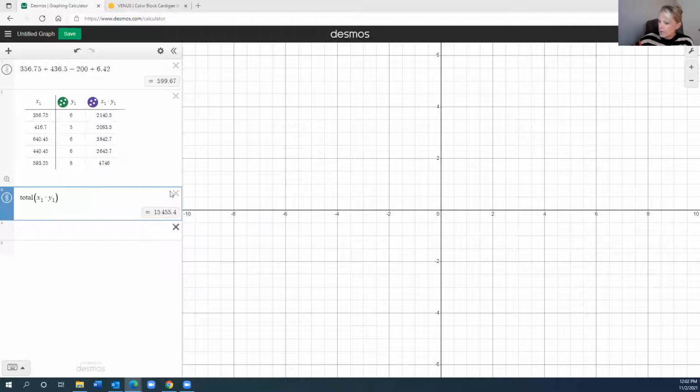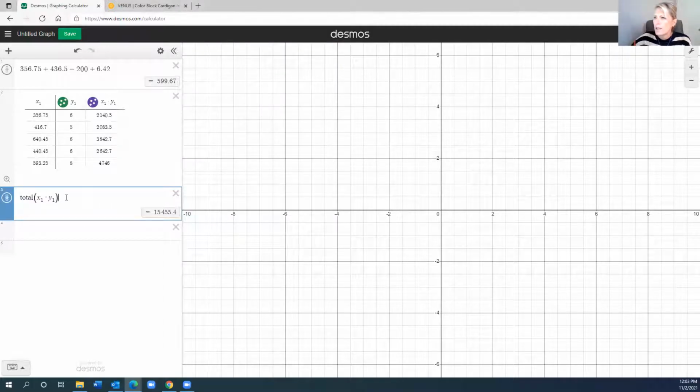Okay, 15,455 and 40 cents. And then actually in Desmos, it says divide your answer by the number of days in August.